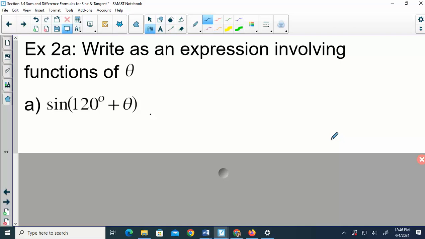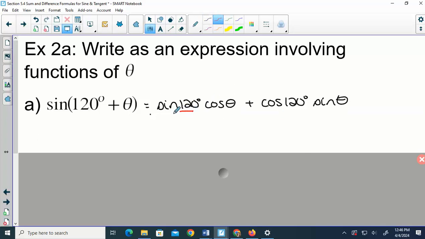So again, here I'm really just asking you to simplify this as much as we can. So the first, sine of 120 plus theta, what would I do? Sine 120 cosine theta. The sine of A plus B formula. Sine of the first, cosine of the second, plus cosine of the first, sine of the second.